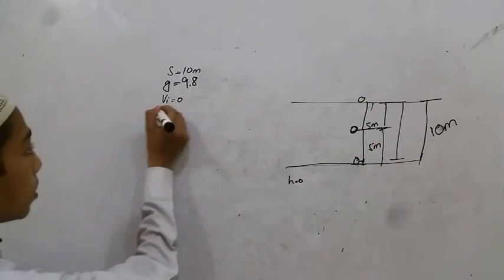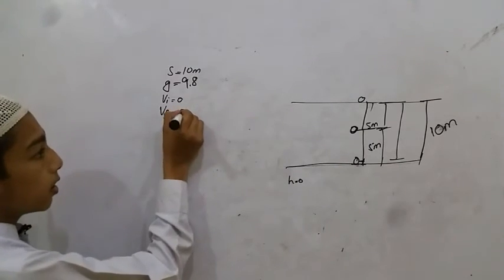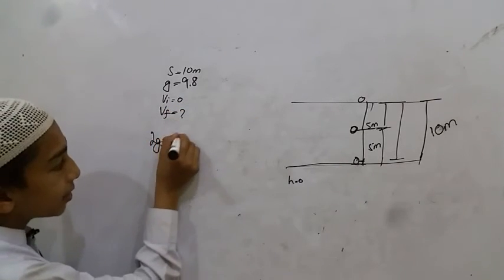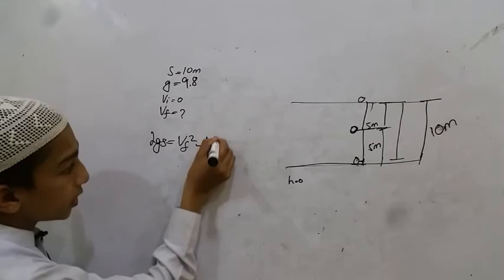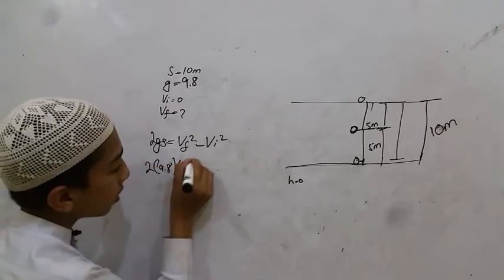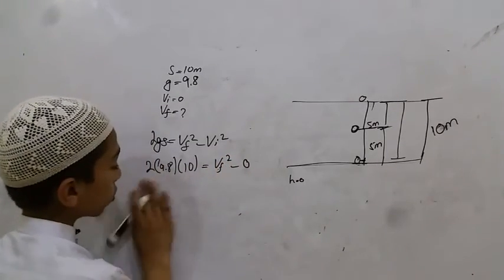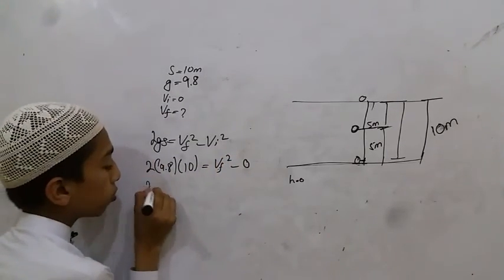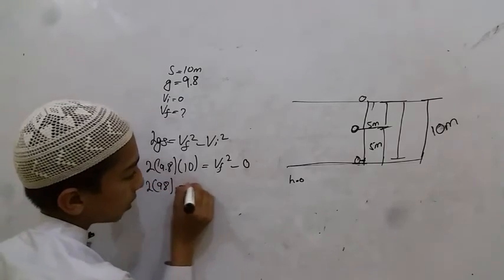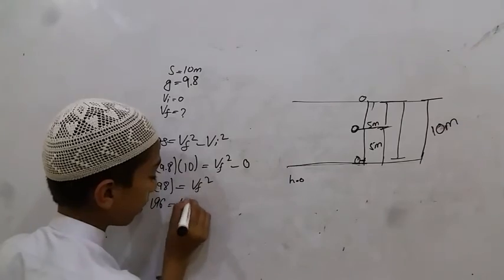So find Vf at this point. 2gs is equal to Vf square minus Vi square. So 2 into 9.8 into 10 is equal to Vf square minus 0. So 196 is equal to Vf square.